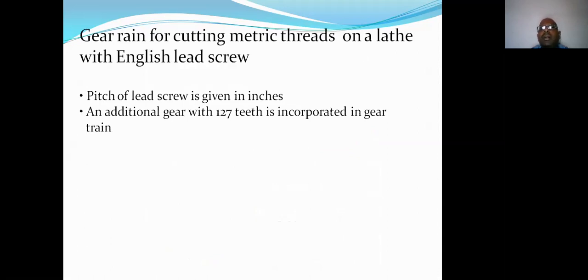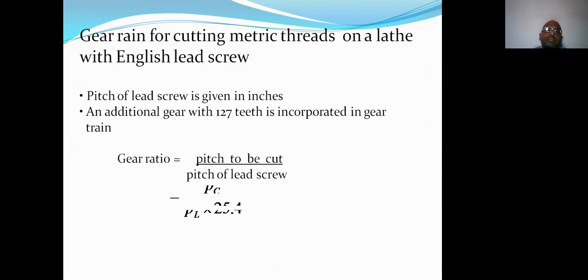So, gear train for cutting metric threads on a lathe with the English lead screw. These are different systems, that means the pitch on the lead screw is in one unit, whereas the pitch on the job is in another one. In that condition, we are supposed to use an additional gear with 127 teeth in the gear train.